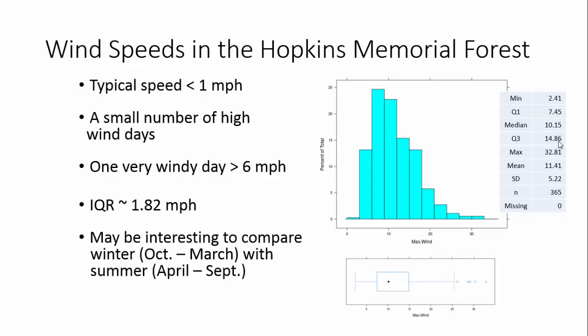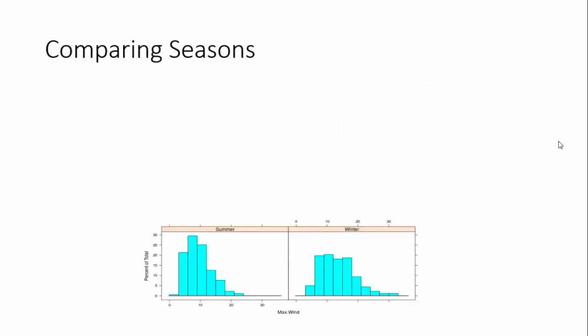But now I start to think, well, wait, the seasons are different, right? In a forest, you've got the summer months and maybe the spring months, but let's make things easy on ourselves. Let's just talk about the summer versus the winter. Is there a difference between the wind in the summertime and the wind in the wintertime? So what I'm going to do in this case is actually do two histograms.